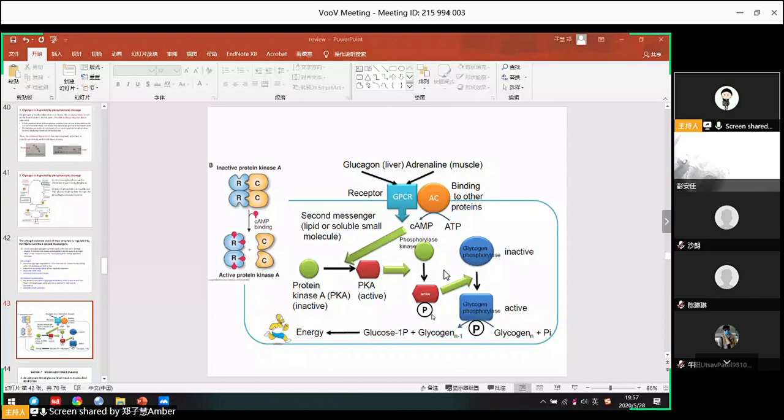And the phosphorylated phosphorylase kinase is the activated form, and it phosphorylates glycogen phosphorylase to transfer it to the active form. And the phosphorylase, we know, can help to cut the alpha-1,4 glycosidic bonds in glycogen and promote glycogen degradation. Okay, this mechanism is very important.